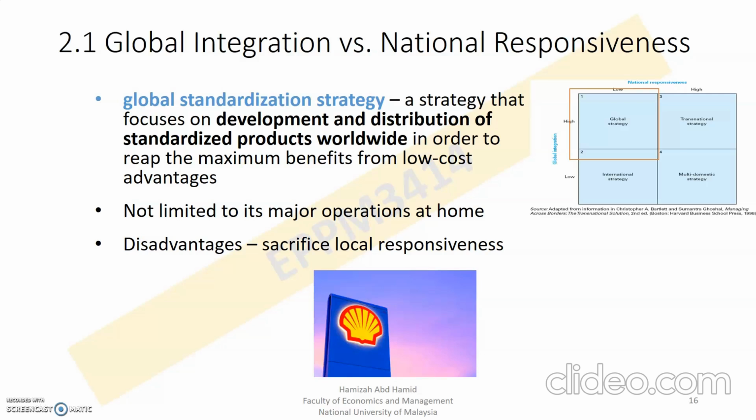So if your company is operating a homogeneous product, has high pressure for global integration, but low pressure for national responsiveness, it is likely for that company to choose global strategy, focusing on integration and effectiveness of the supply chain.